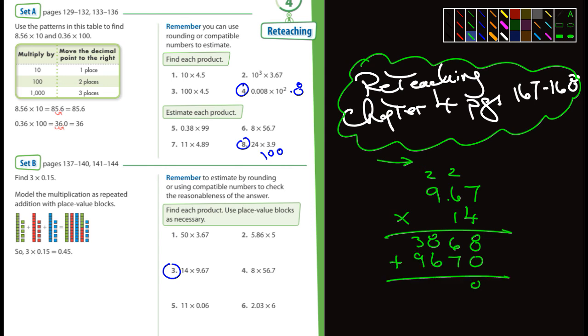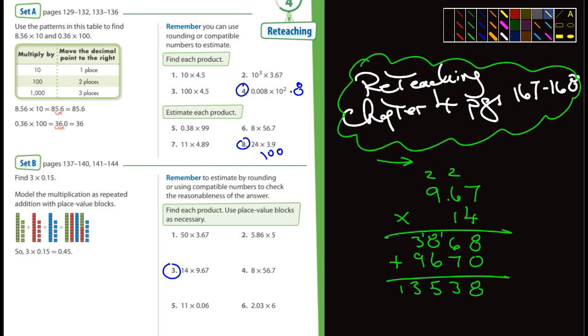8 and 0 is 8. 6 and 7 is 13. Put down the 3, carry the 1. 8 plus 1 is 9, plus 6 is 15. Put down the 5, carry the 1. 1 and 9 is 10, plus 3 more is 13. Now, how many decimal places do we have to worry about here?